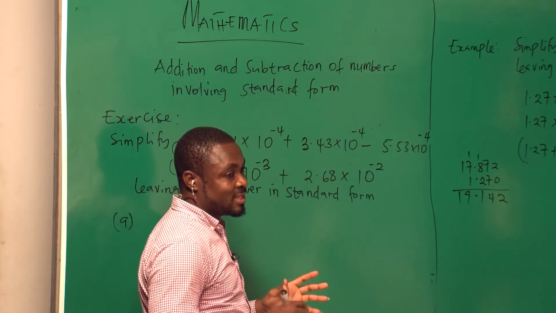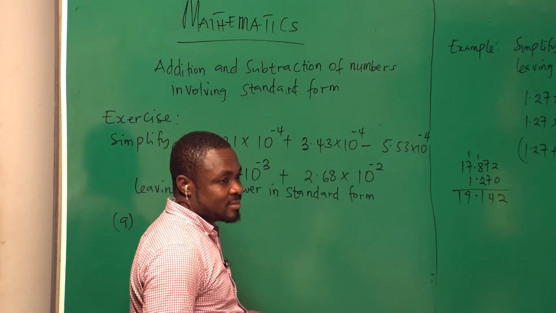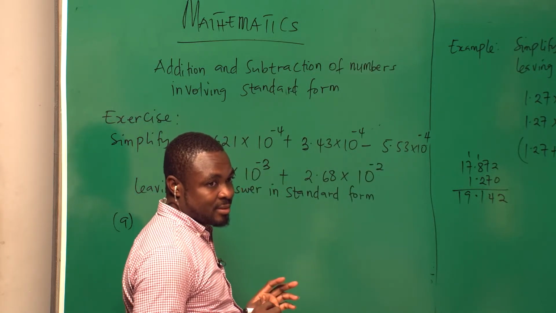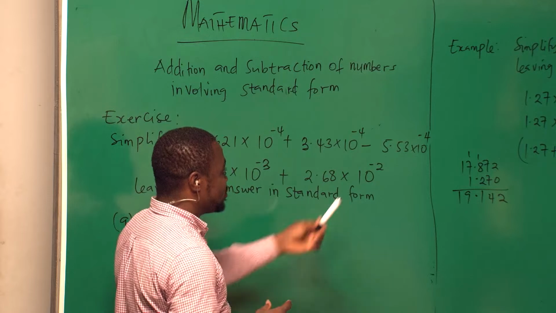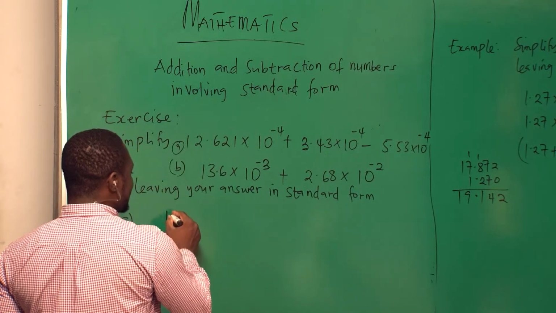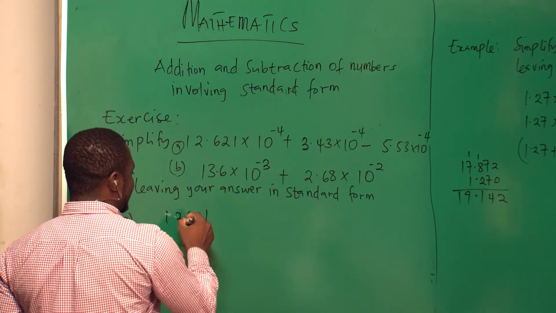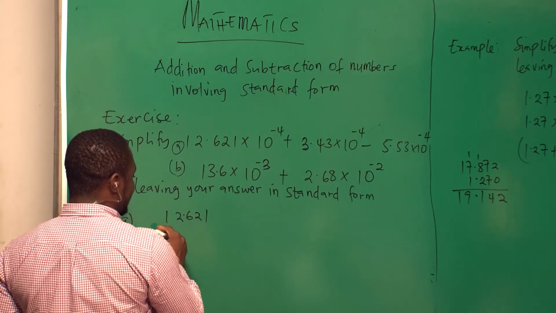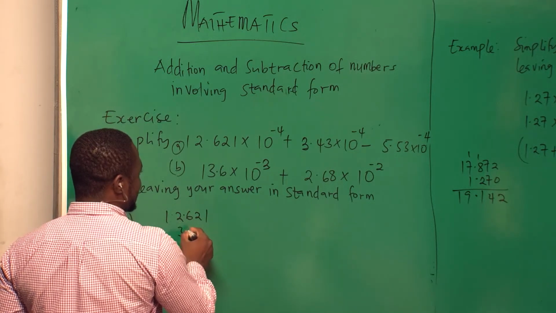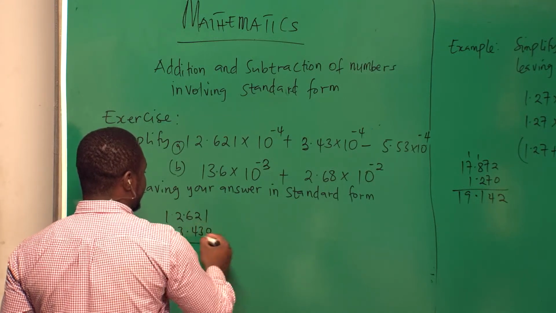We call them like terms. So you can go ahead and add this to this and to that. But take note of the negative sign. So you are having 12.621 plus what? 3.43. So here should be 0.